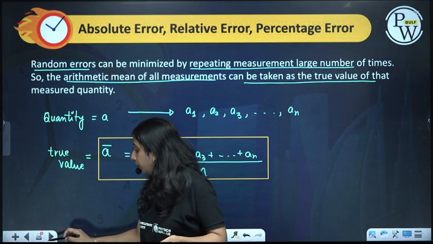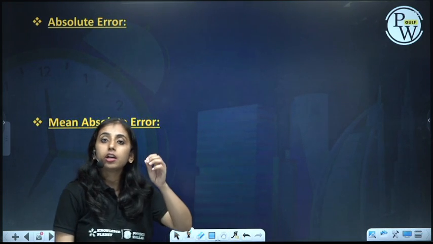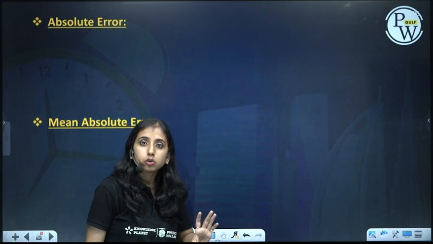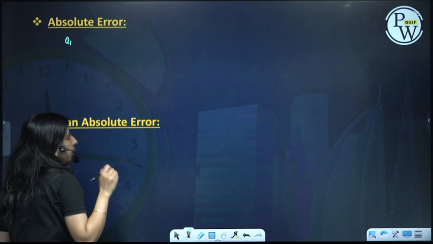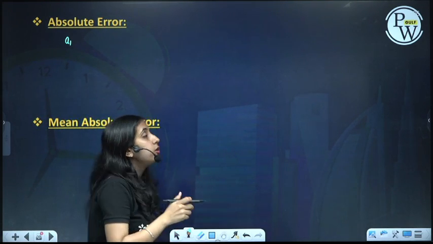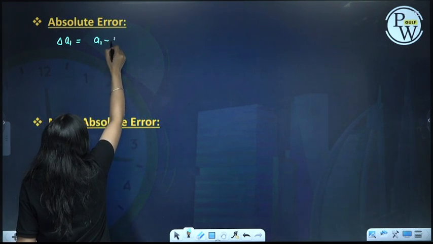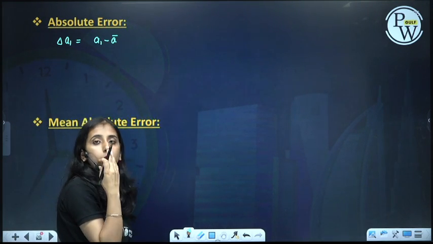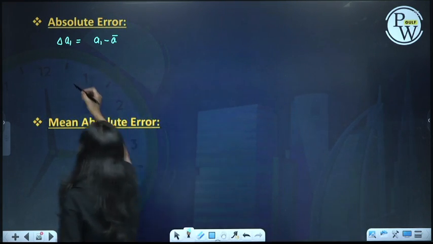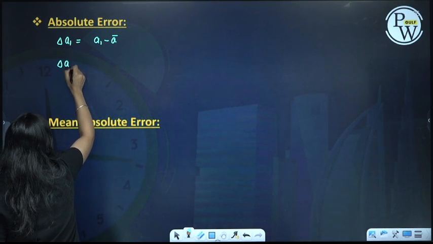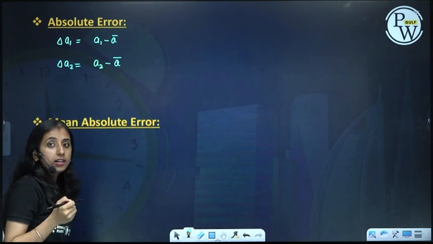Now how to calculate its error? Error is the deviation of the measured value from the true value. So what is absolute error? The magnitude of the error. Delta A1 will be equal to A1 minus the true value, measured value minus the true value. This gives the error in the first reading. Similarly, delta A2 gives the error in the second reading, that is the mod of A2 minus A bar.